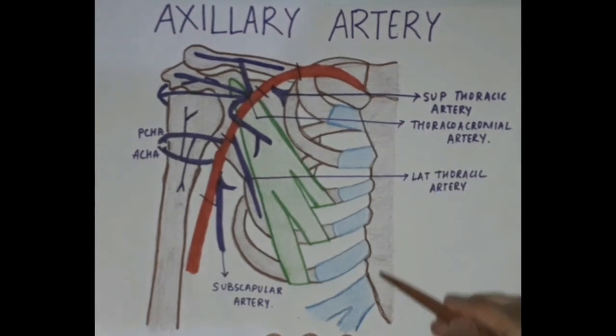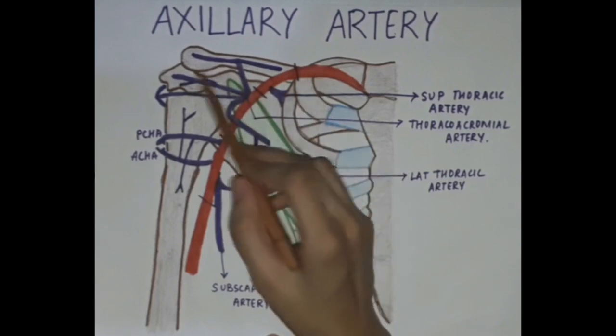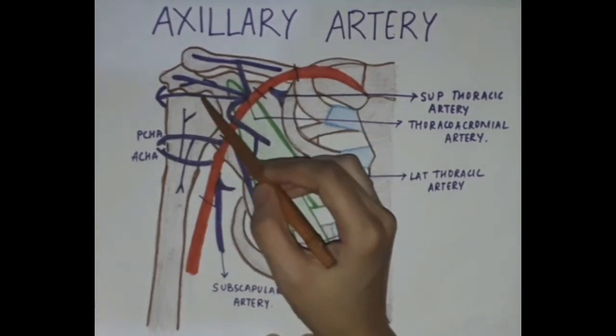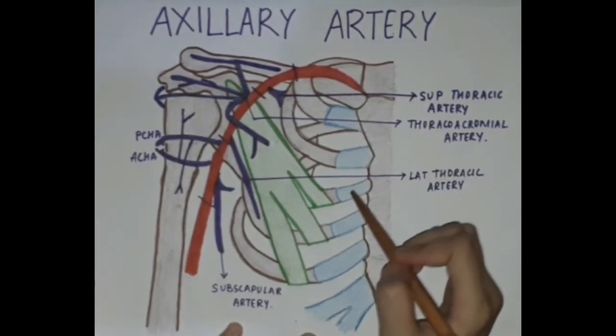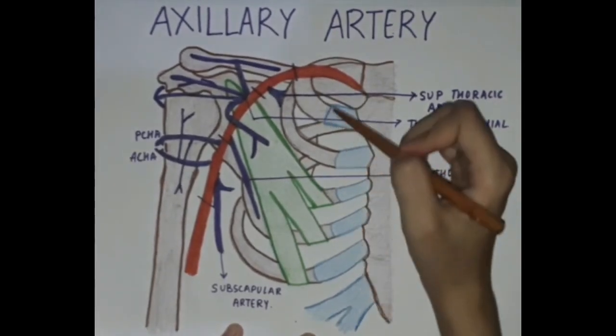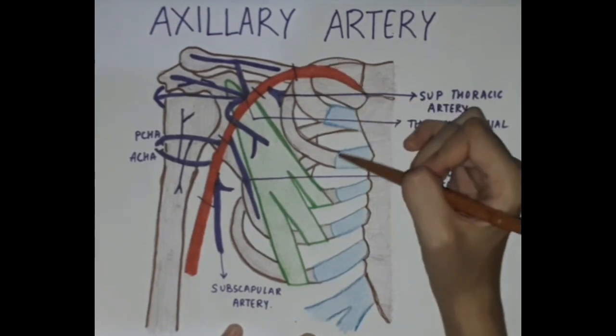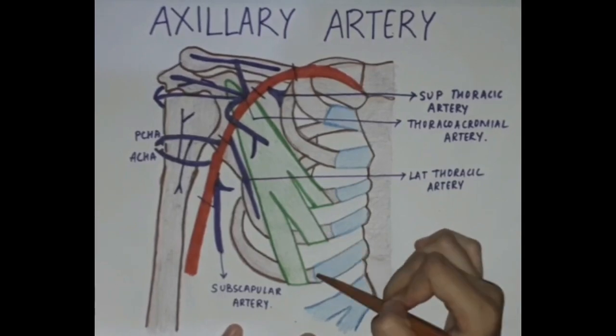This is the sternum. We have the clavicle, scapula, and the humerus bone. These are the costal cartilages of the respective bones, and we have the first, second, third, fourth, and fifth.